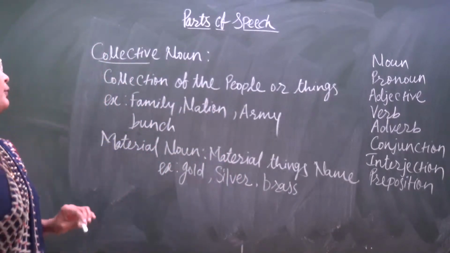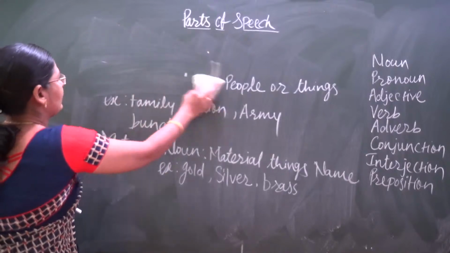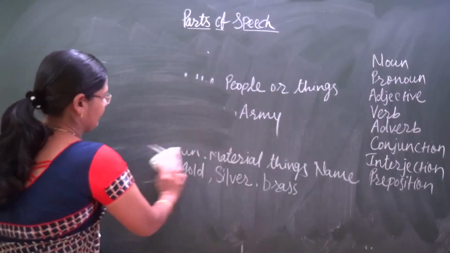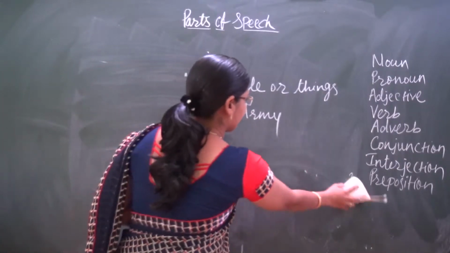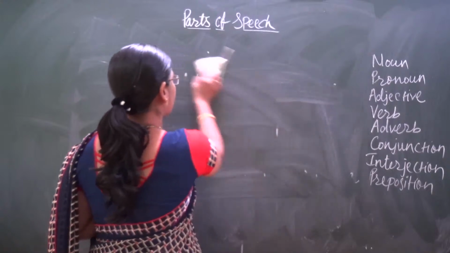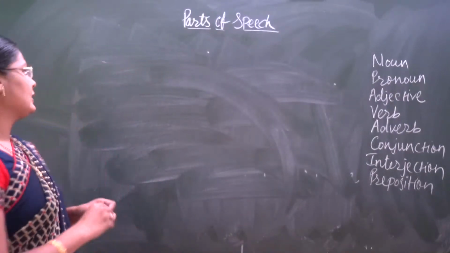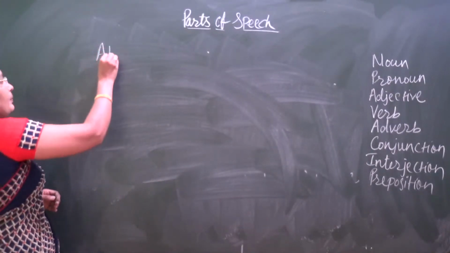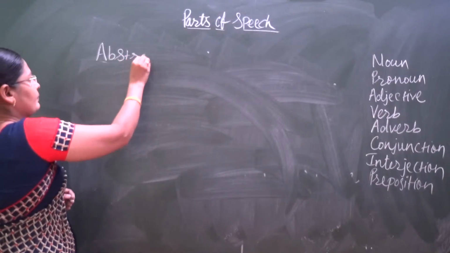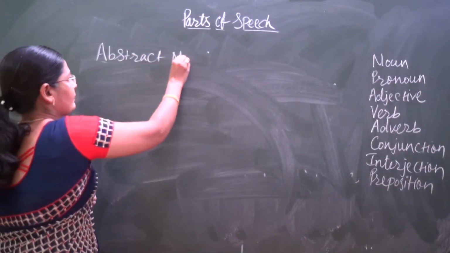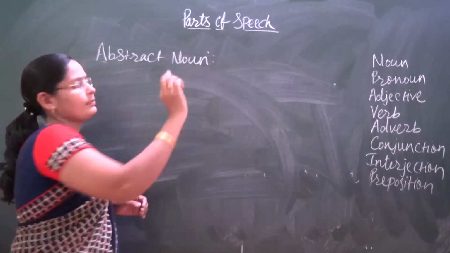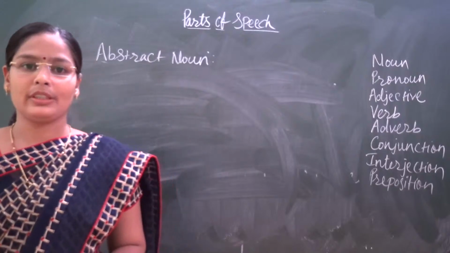The fifth group of nouns, that is very important, is the abstract noun. What is an abstract noun then?